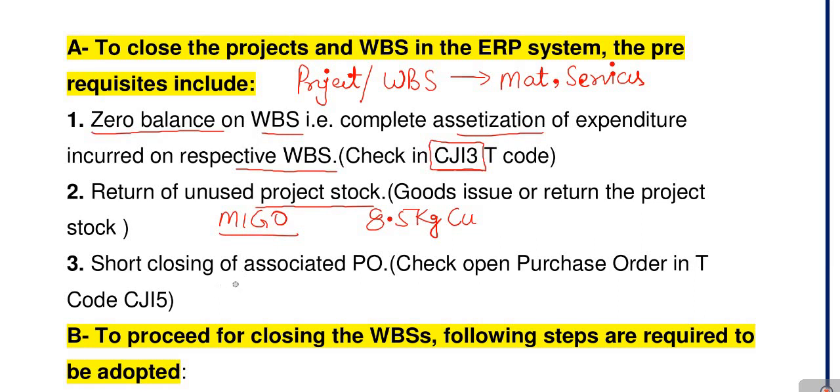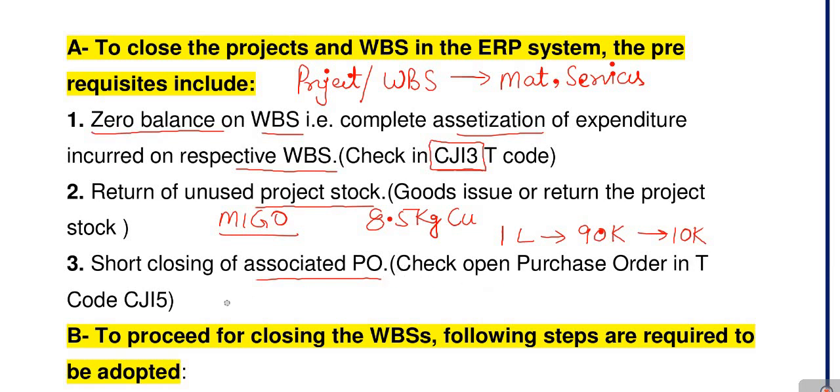The third one is short closing of the associated purchase order. For example, we have created a purchase order of 1 lakh rupees, but the vendor has submitted an invoice of 90,000 rupees. Then for the remaining 10,000, the project purchase order is still open. So during closing, the system will give you a purchase order commitment error.